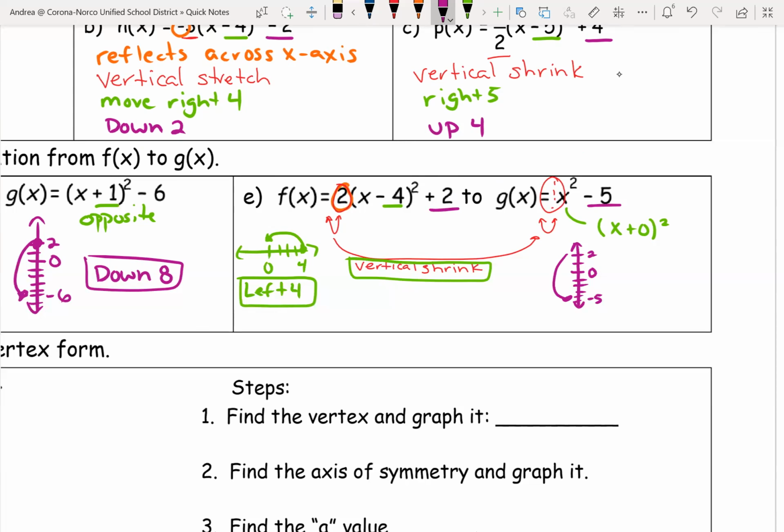So that's down 7. Any questions over that? Okay. We're good?